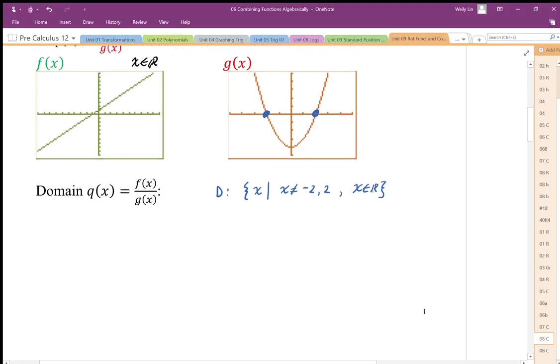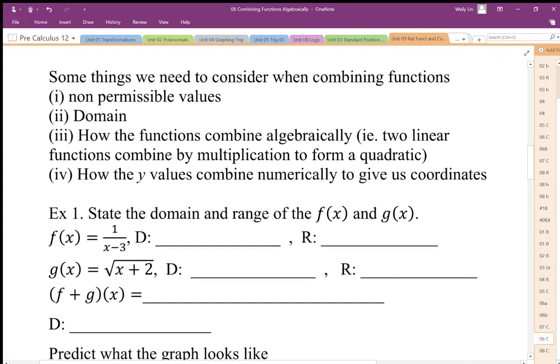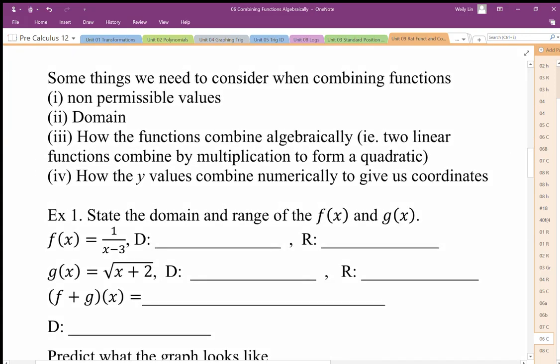So when we are doing domain and range when we're combining these functions, we have to think of what the non-permissible values are. So what are going to be values of 0 in the denominator? Sometimes we're dealing with square roots, so what's inside the square roots can't be negative. So we have to think of the non-permissible values in the domain of the functions, and we want to see how the functions combine algebraically.